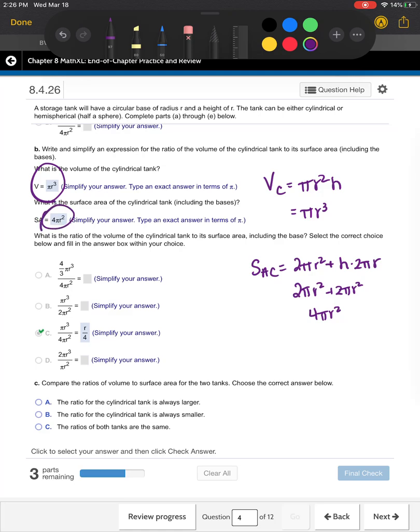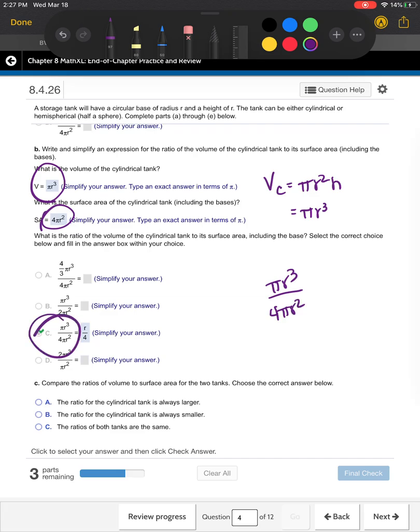And then just like we did before, what we want to do is make a ratio of the volume to the surface area. So that is pi r cubed over 4 pi r squared, which is why I picked this one. And that simplifies where the pi's cancel out, the r squared cancels out with 2 of the r's here, so we get r over 4.